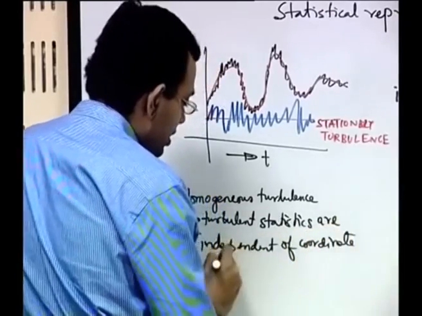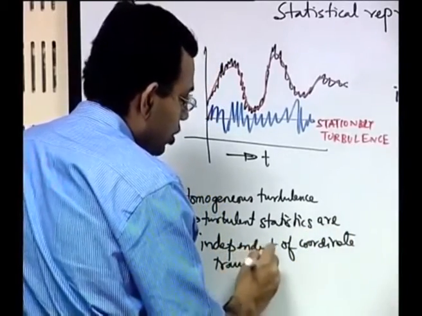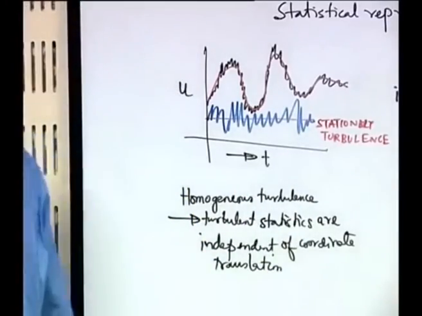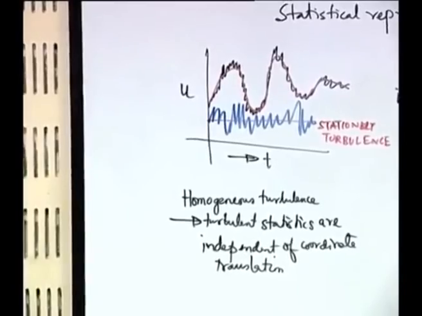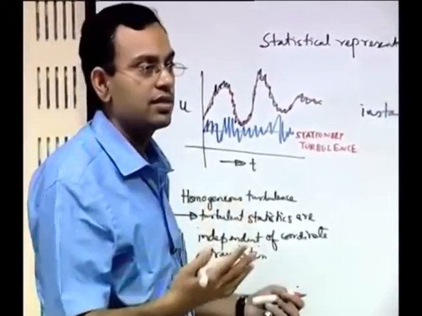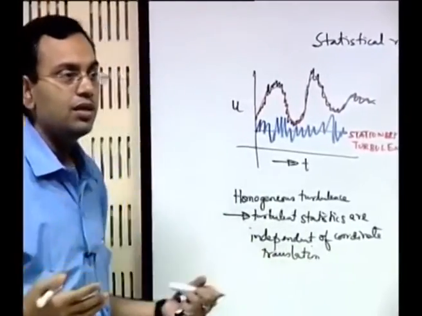That means, in other words, they are position independent. That is why if you translate the coordinate, you will get the same turbulent statistics. By turbulent statistics, you may mean the RMS or the mean like this.